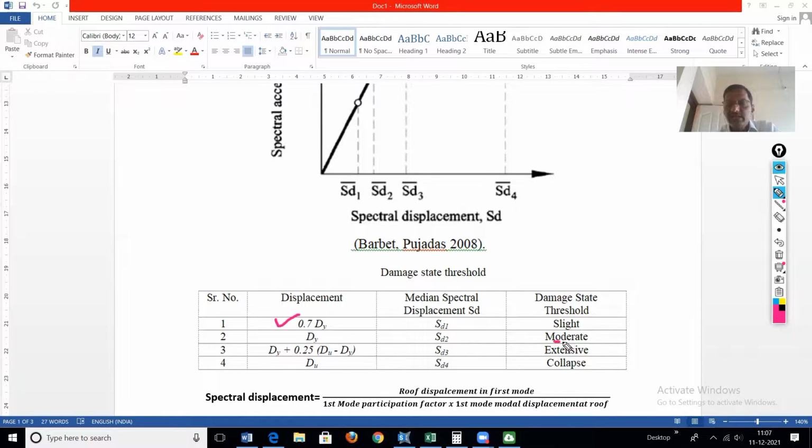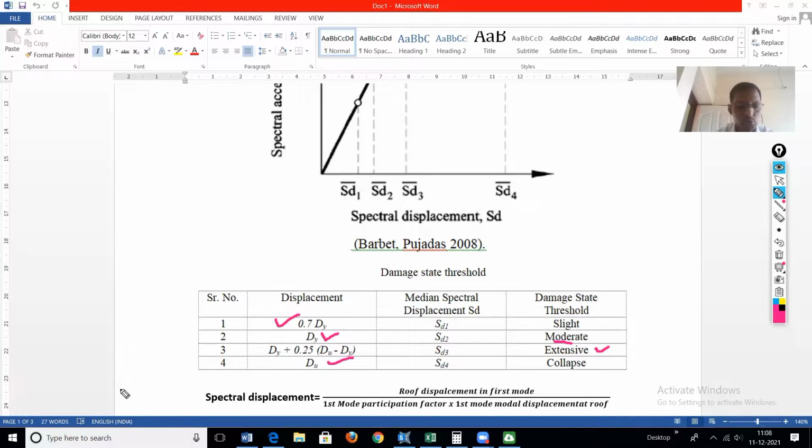The moderate damage state occurs when the spectral displacement equals dy. The extensive damage state occurs when the spectral displacement equals dy plus 0.25 times (du minus dy), where du is the spectral displacement at the ultimate point. And the collapse damage state occurs when the spectral displacement reaches the ultimate spectral displacement.